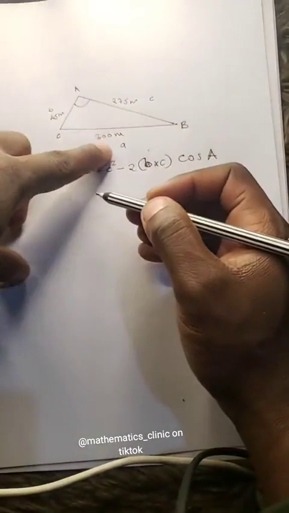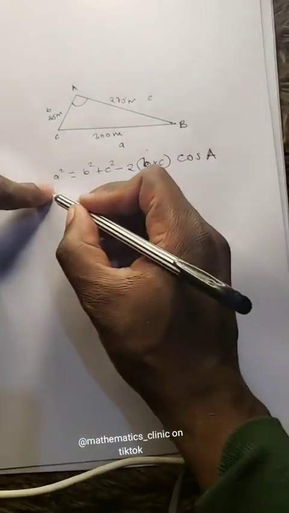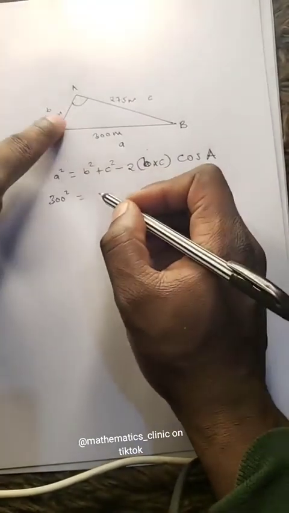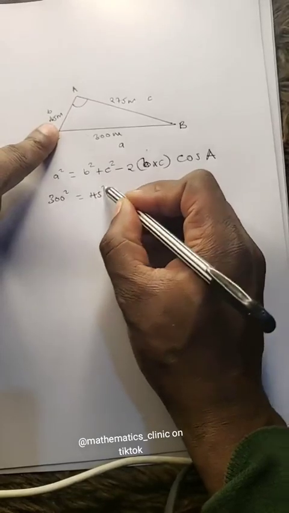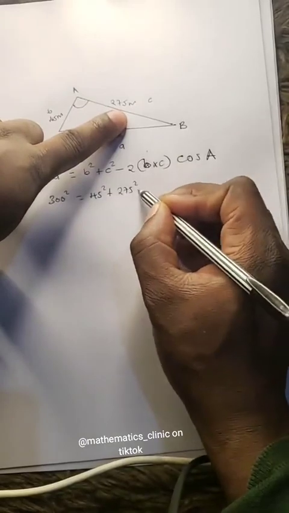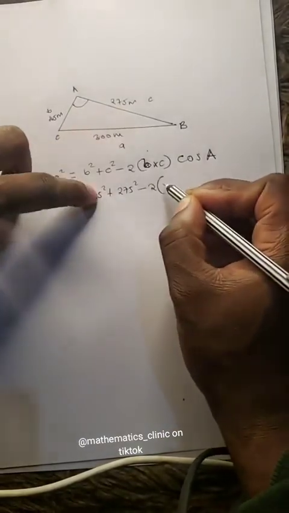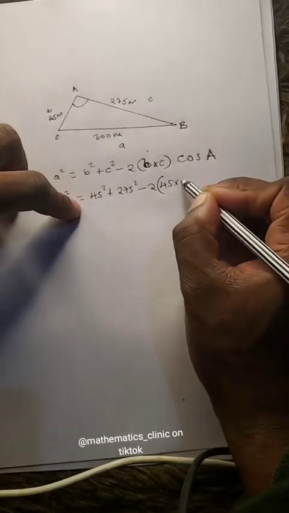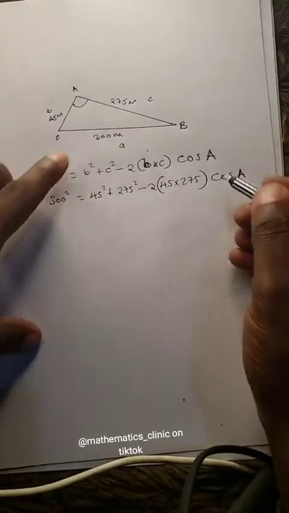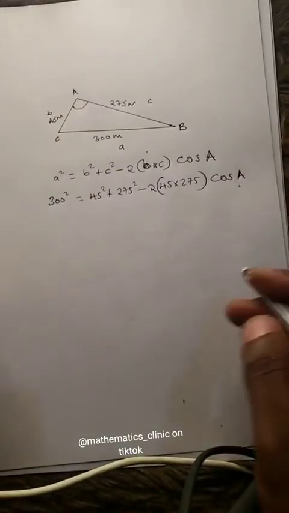Since this side is there, we say 300 squared is equal to b, which is 45, squared plus c, which is 275, squared minus 2 open bracket 45 times 275, then cos A, because this A is the one we are looking for.